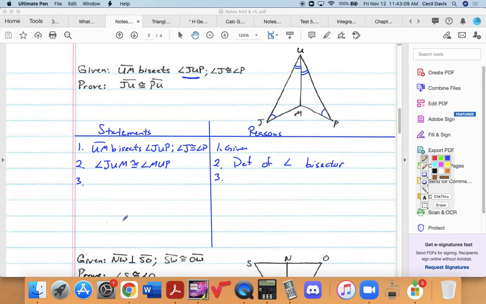Which is it, a line or a segment? Okay, so segment UM. What's the reason? Yes, the reflexive property.